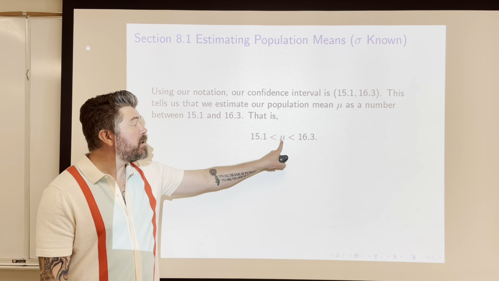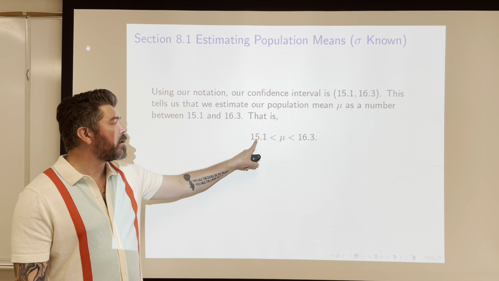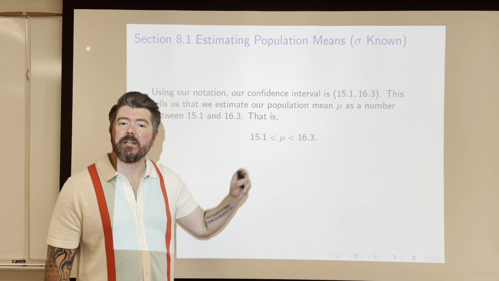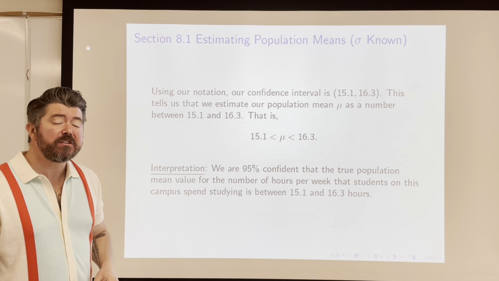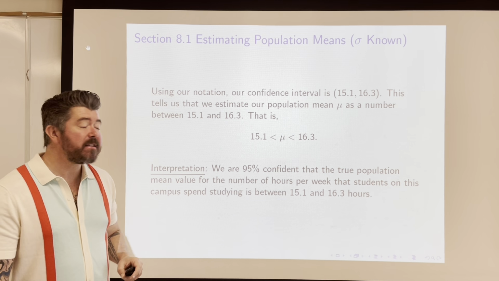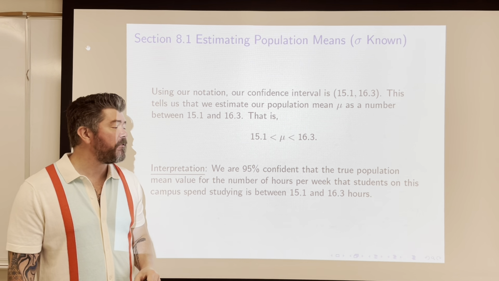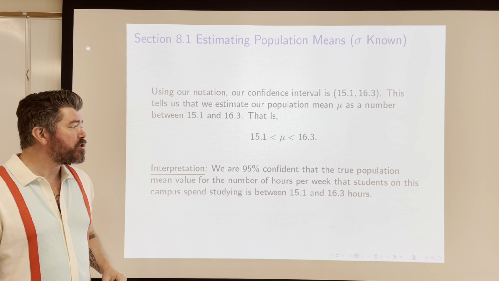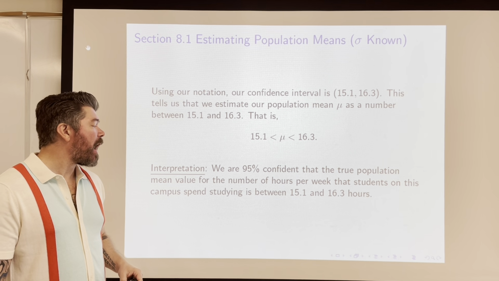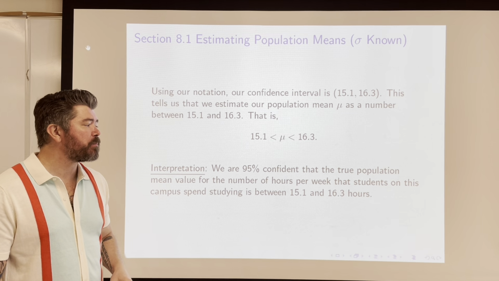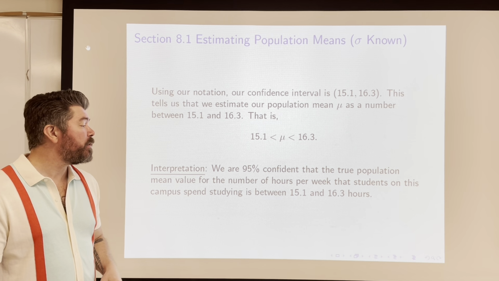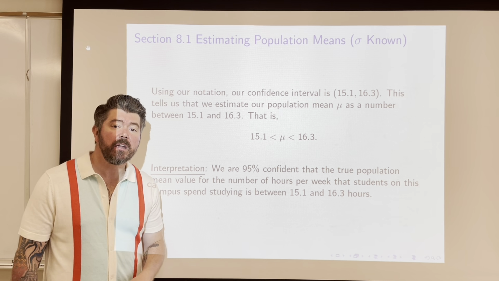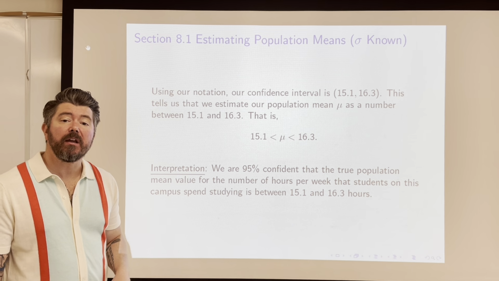So that is, mu is some number between 15.1 and 16.3. Now, if we want to interpret this result, we can say that we are 95% confident that the true population mean value for the number of hours per week that students on this campus spend studying is between 15.1 and 16.3 hours.